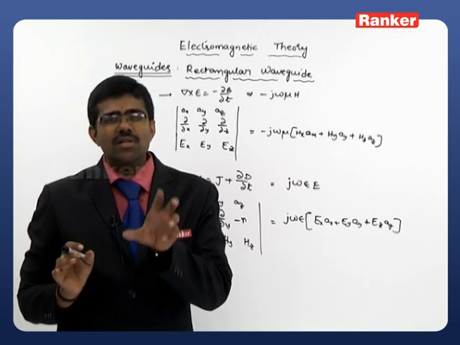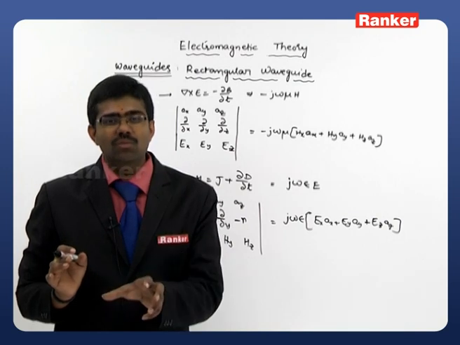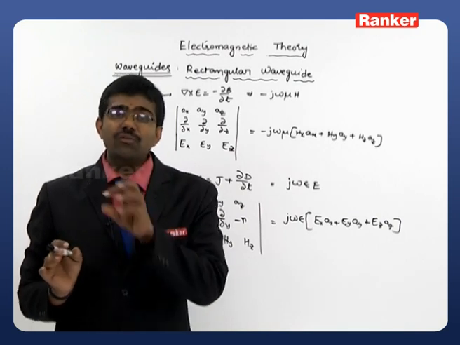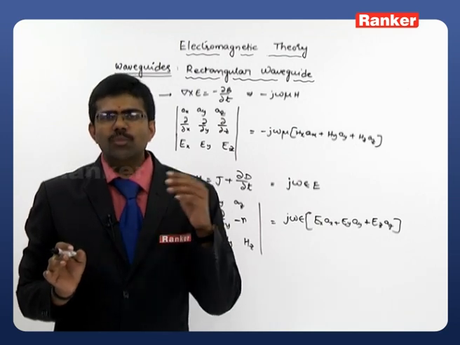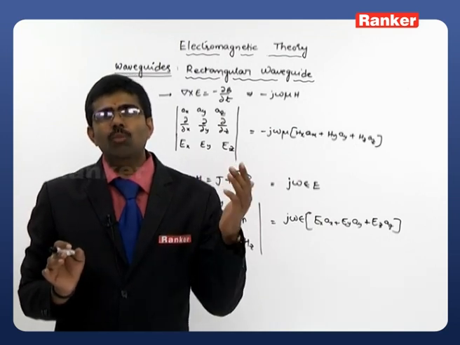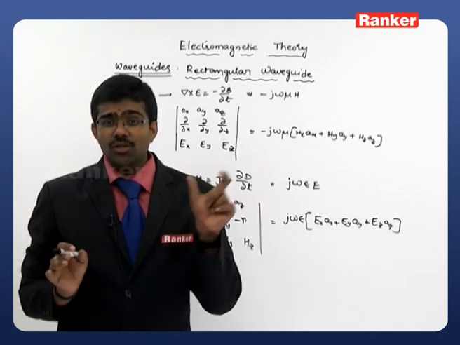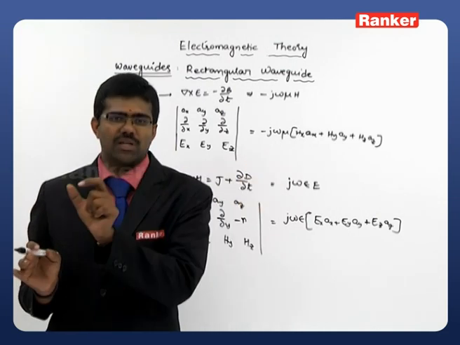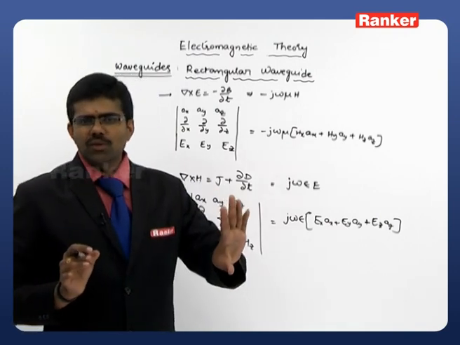All such derivations are not required here. You are supposed to remember the method I am following and remember the final equations. Remembering the final equations is very important, because in the problems they will give you the components Ex, Ey, Hx, Hy, Ez and Hz. So you are supposed to remember the form of that, right? That's why just ignore all the derivations.